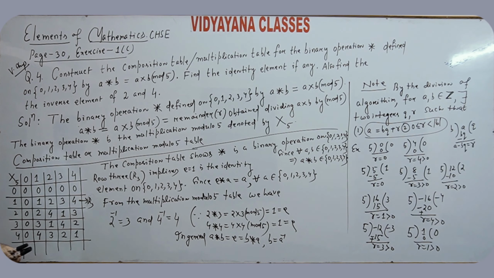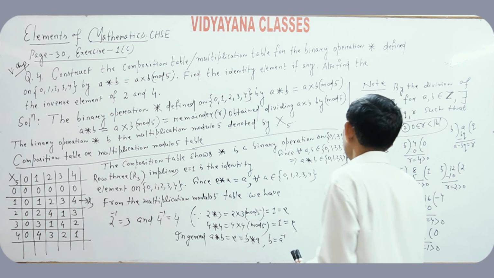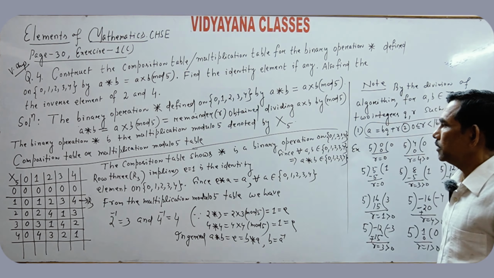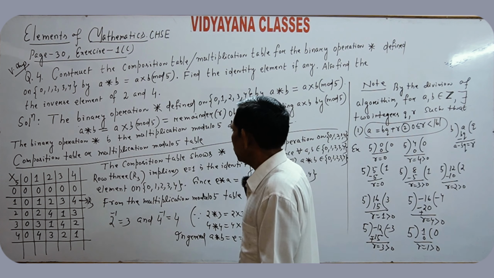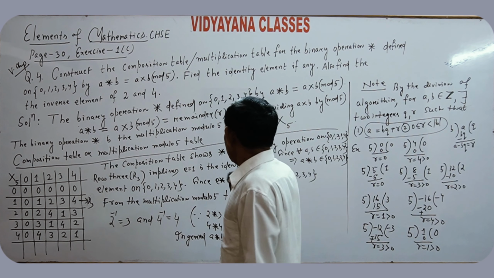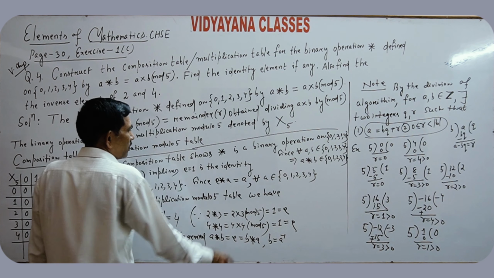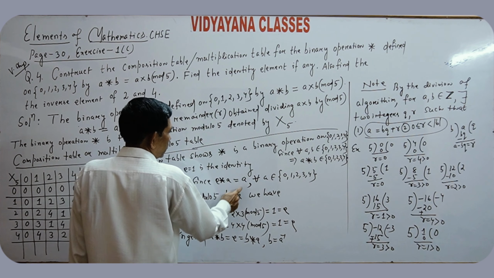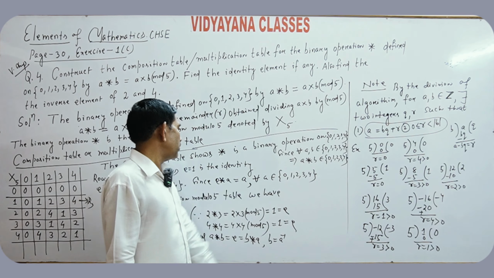The composition table shows star is a binary operation on this set, since for all A, B belongs to this, A star B is equal to this. Row 3 implies E is equal to 1 is the identity element on this set, since E star A is equal to A for all A belongs to set of 0, 1, 2, 3, 4.